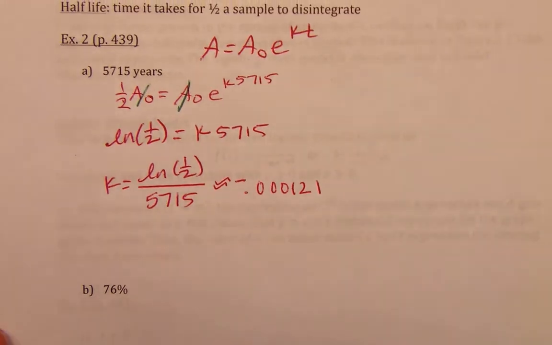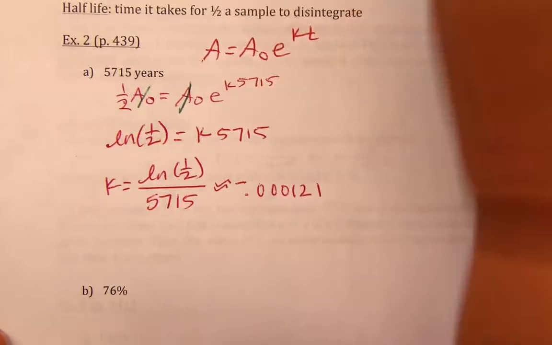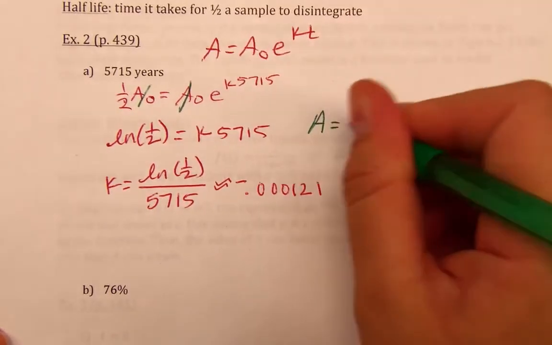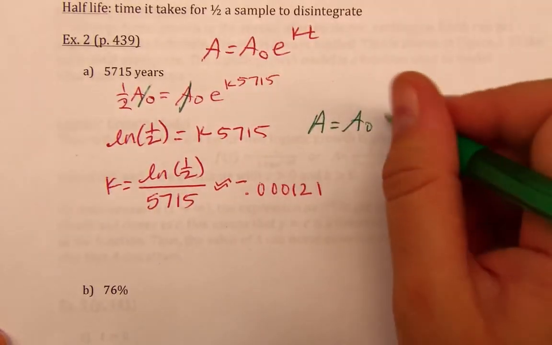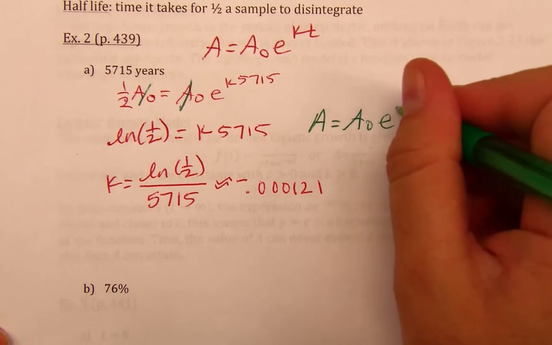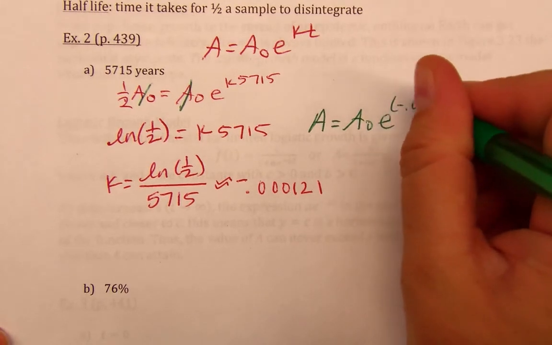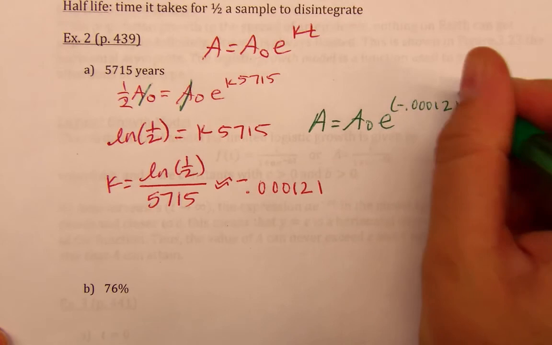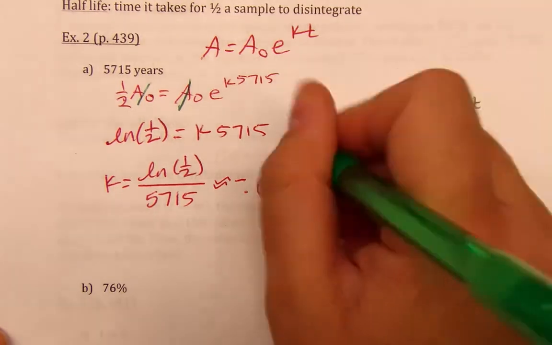This makes sense that it's negative because our fossil is decaying, so it would be a negative value. So writing the equation that they asked for, that would be A is equal to A naught, whatever the original amount is, e to the negative 0.000121 t power.